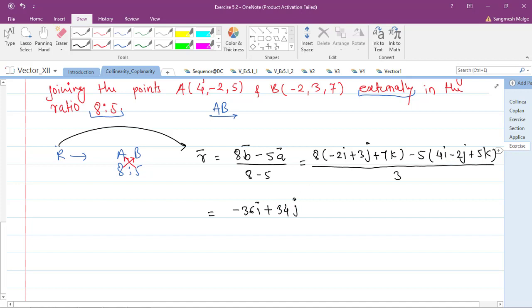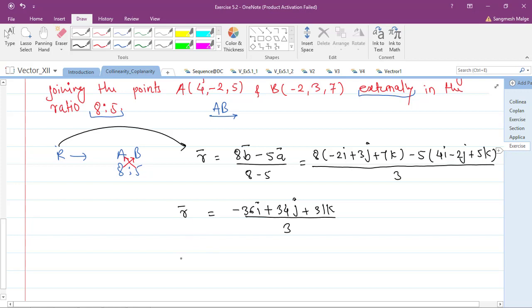Then 8 into 7 is 56, so 56 minus 25 becomes 31, so plus 31k, whole divided by 3. This is the position vector of R.